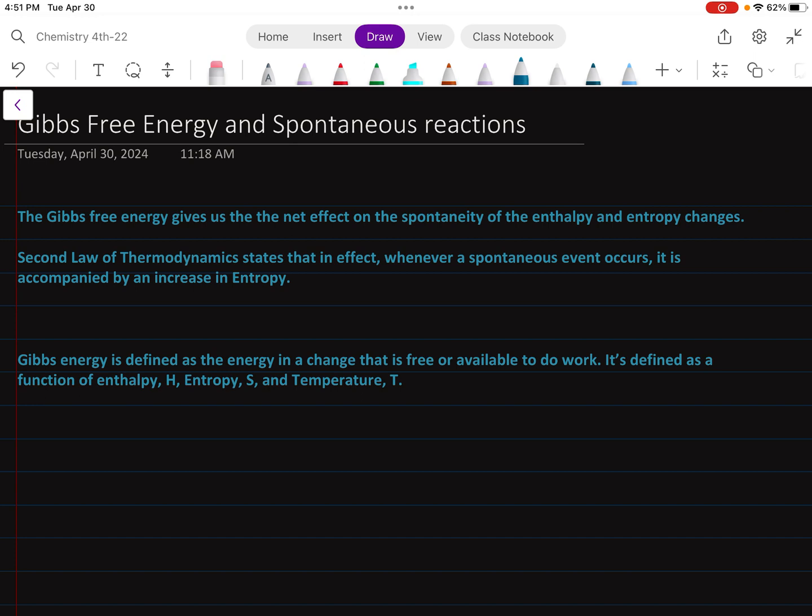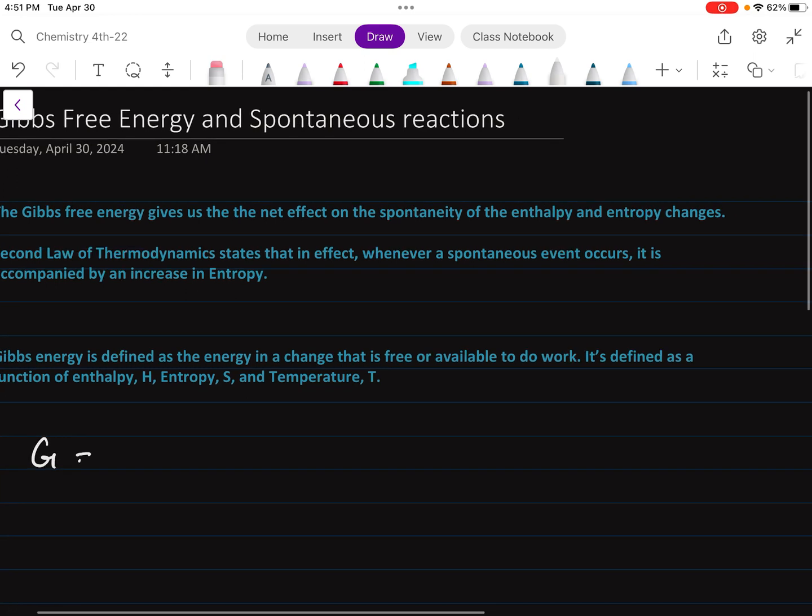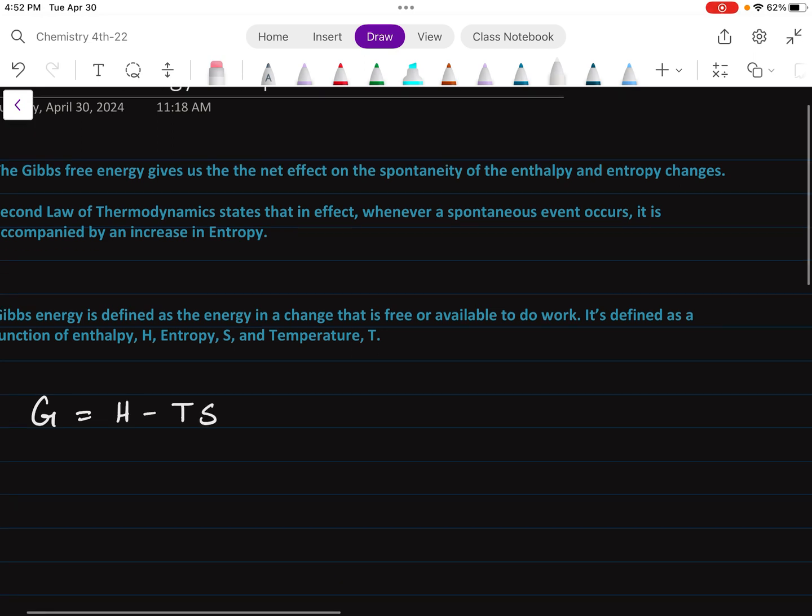So let's take a look at what Gibbs free energy looks like, right? If I have Gibbs free energy, which is represented by the variable G, that's going to equal H minus TS, okay?